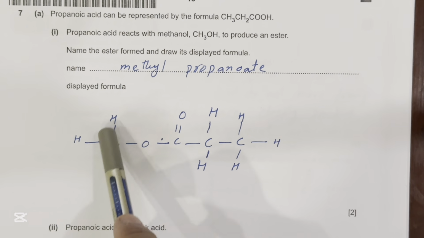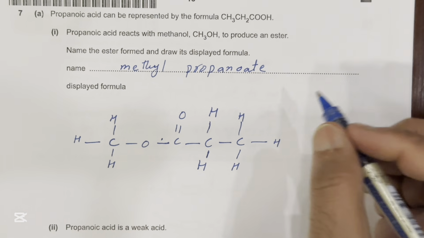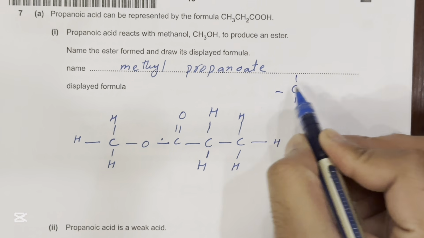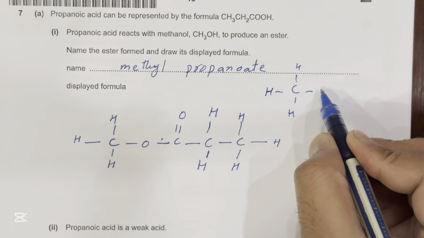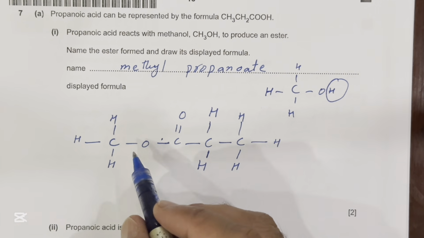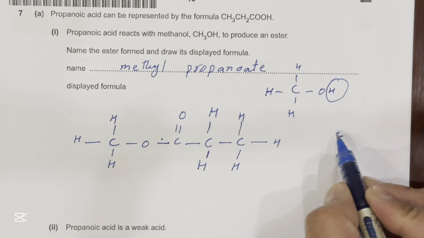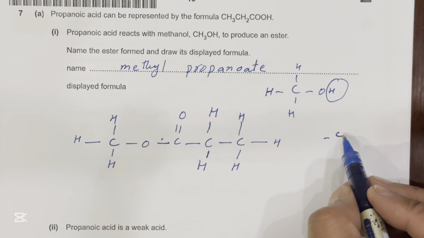You know that CH3OH is the formula of the alcohol. You can write it like that. And from here hydrogen will be removed, and over here the formula for the propanoic acid is like that.